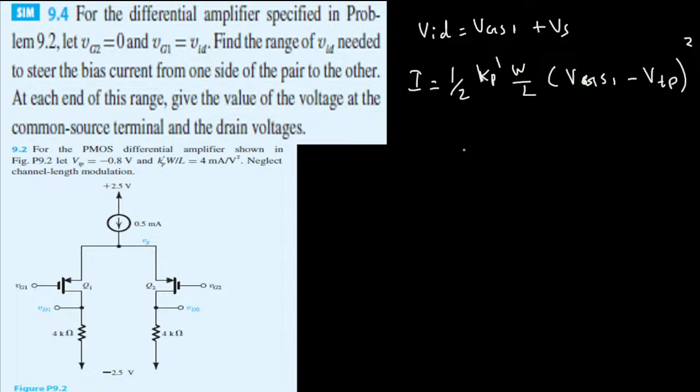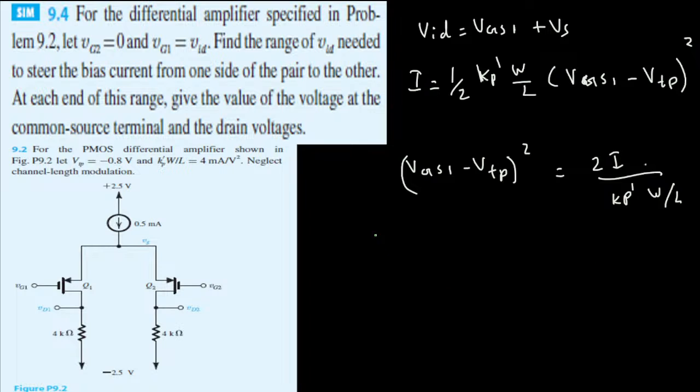Okay, let's rearrange this equation. If I rearrange this one, VGS1 minus VTP whole squared is equivalent to 2I times L divided by Kp prime W. You can also put it like 2I over Kp prime W over L, that also works.